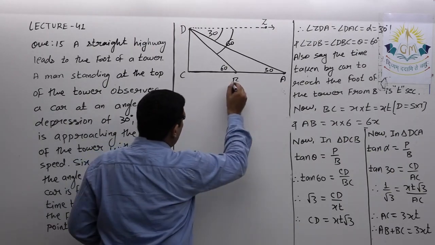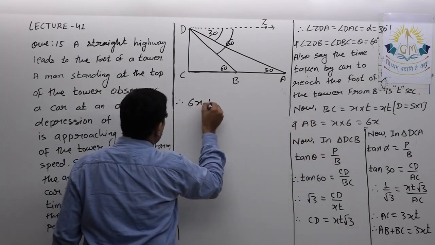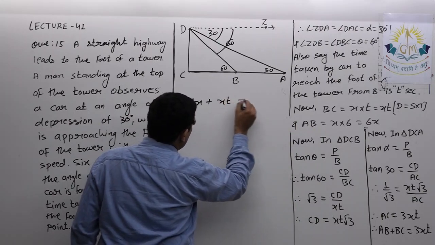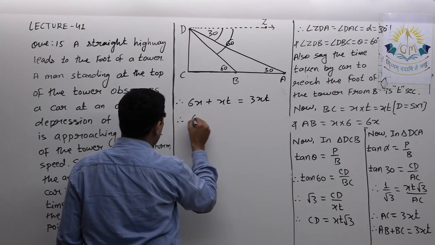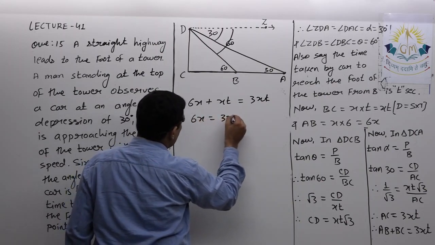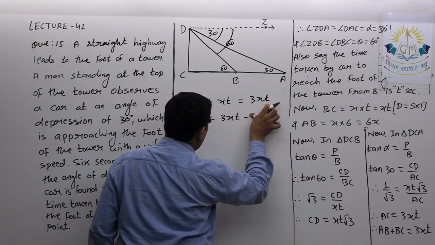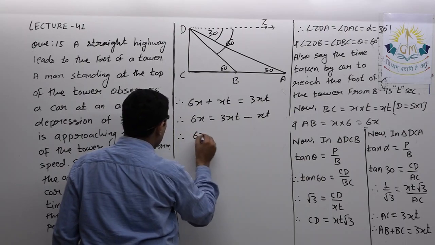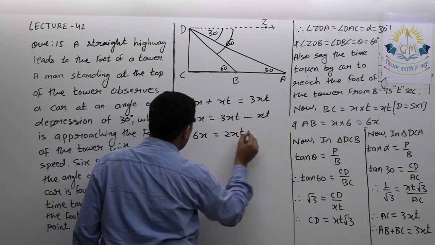At the place of AB I can write 6x, and at the place of BC I can write xt, equal to 3xt. Therefore 6x plus xt is equal to 3xt, so 6x is equal to 3xt minus xt, that is 2xt.